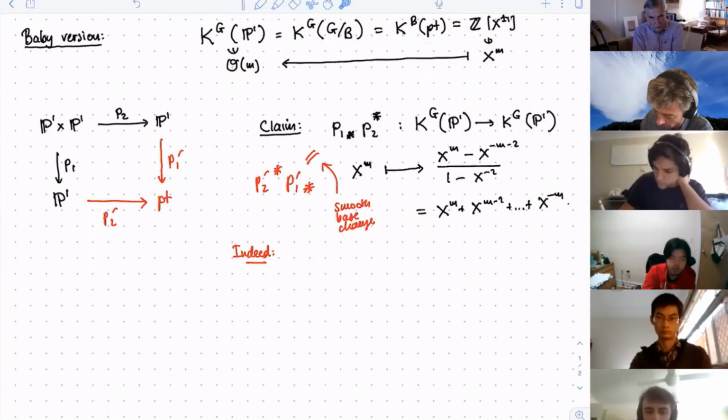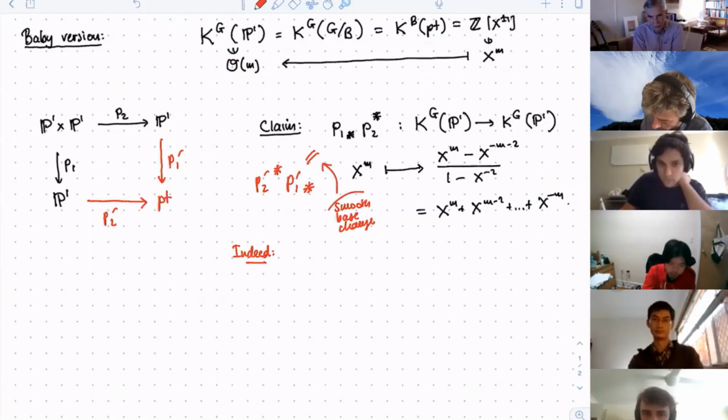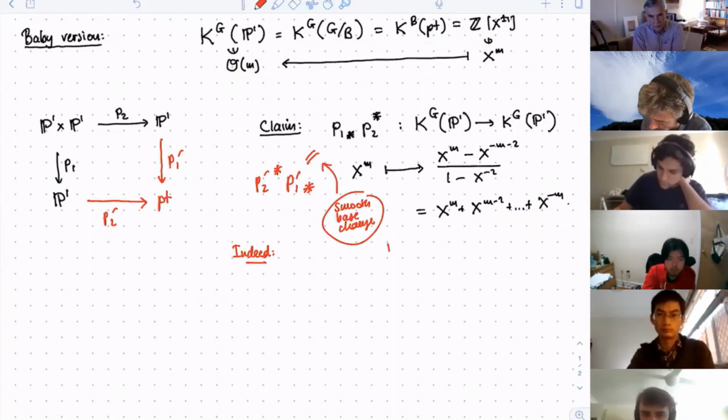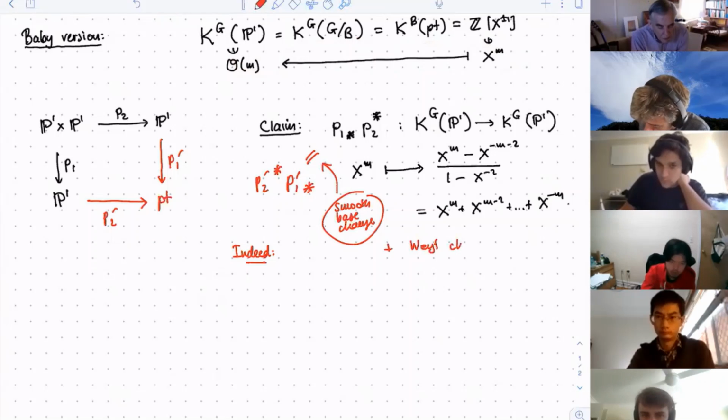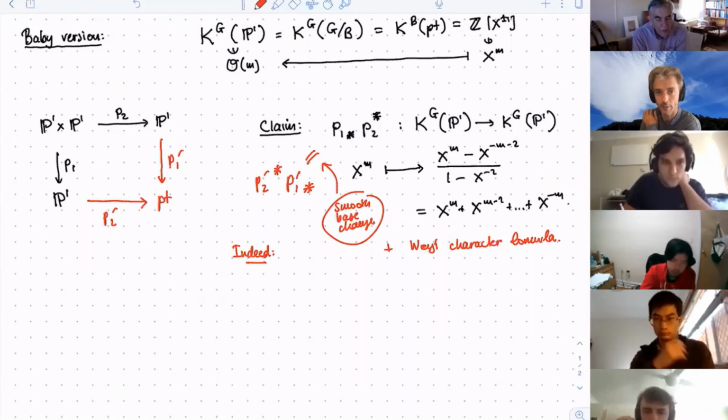So smooth base change plus Weil character formula. I'm saying Weil character formula, but you could just say we know how to calculate the global sections of O(m)'s on P1. This is an exercise. I hope we've all done this exercise at some point in our lives.